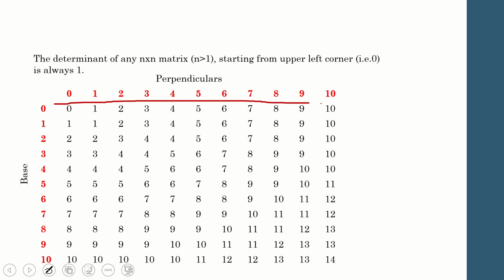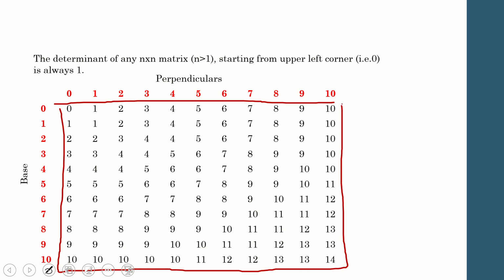If you consider this entire row also as 11 by 11 matrix, you will get 1 only.